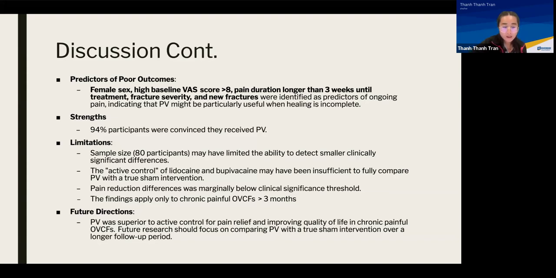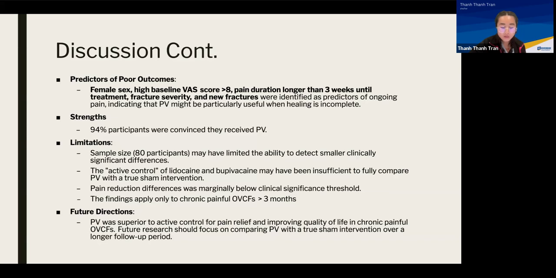Adding to that, the pain reduction differences were marginally below the clinical significance threshold. This study defines the clinically significant pain relief threshold as a reduction of 1.5 points on the visual analog scale from baseline. However, the actual difference observed in the study fell slightly below this value, at 1.3.